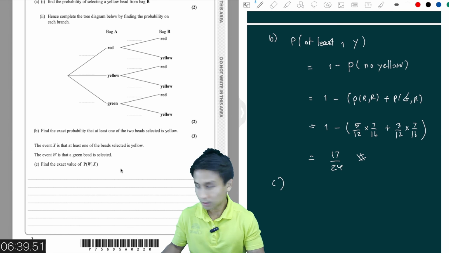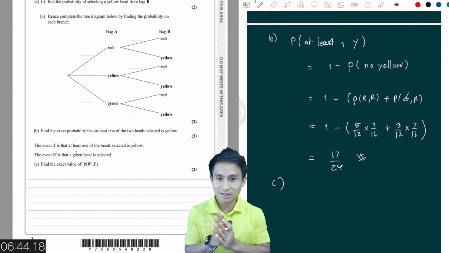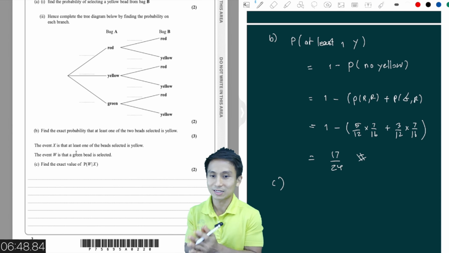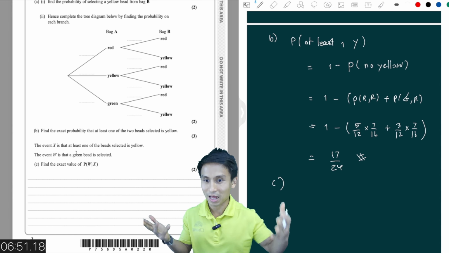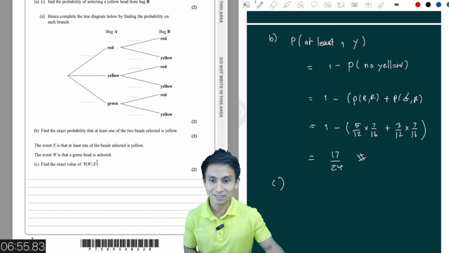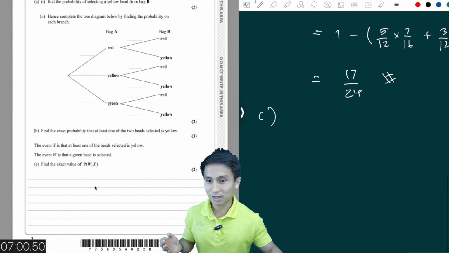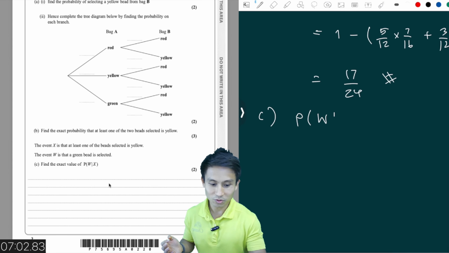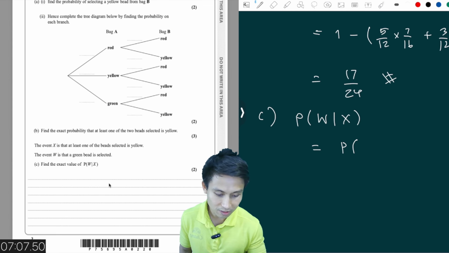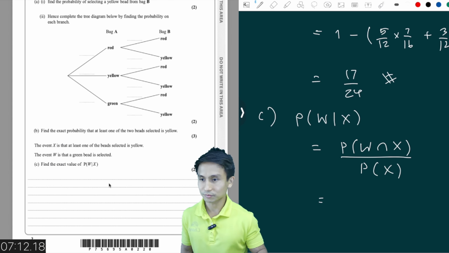Okay. Part C. The event X is that at least one of the beads selected is yellow. So it's like from part B. The event W is that a green bead is selected. Well, this is conditional probability, right? So we want to find P of W given X. Well, from Bayes' theorem, if you don't know the name, we do P of W intersect X divided by P of X, yeah?